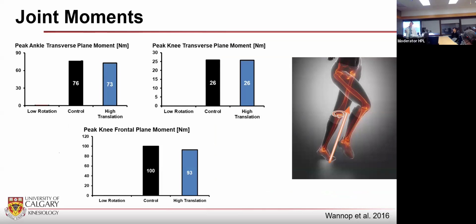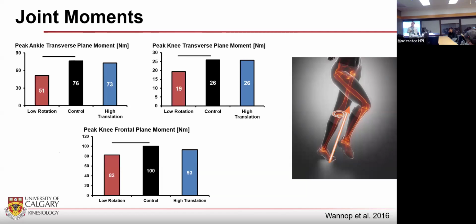So here are the results. On the top left, we have the peak ankle transverse plane moment and the peak knee transverse plane moment. And in the center, we have the peak knee frontal plane moment. Just comparing the control to the high translation shoe, the shoe that had high translational traction, there were no significant differences between any of those peak resultant joint moments.